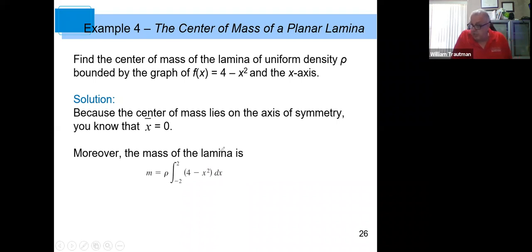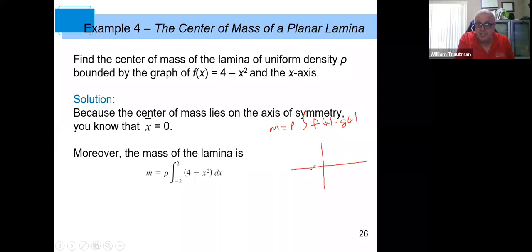The formula that we have written down was f(x) minus g(x), but there's no g(x). There's no second function, so it's just going to be the f(x) in this case.